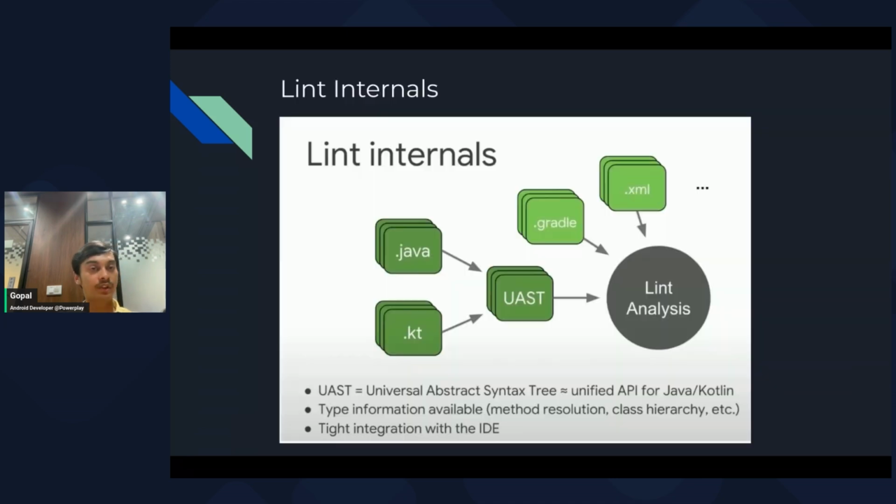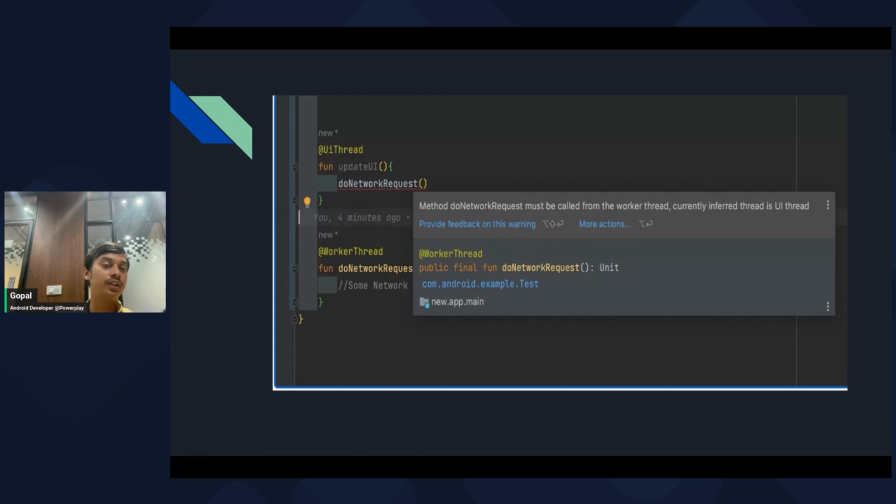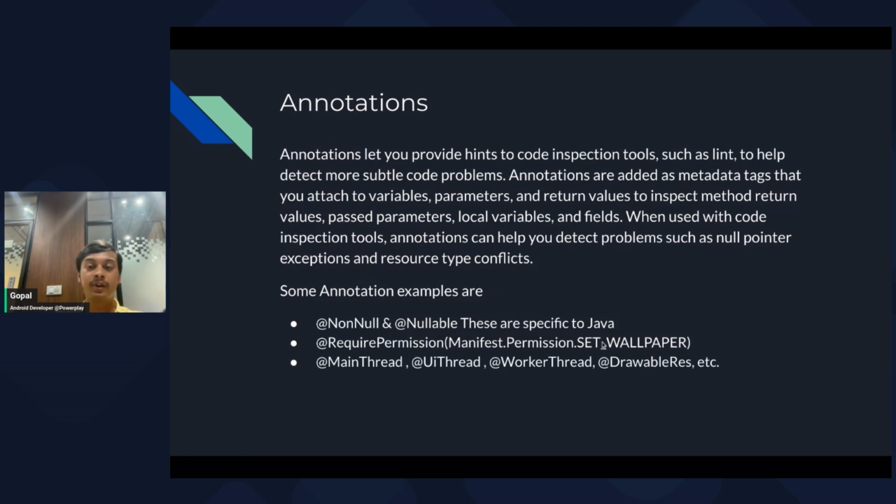Like this, we can also annotate another case. Let's say there is a function in which you are passing a drawable resource. If we annotate that variable as @DrawableRes, then whenever we call that method, we need to pass our drawable resource into it.